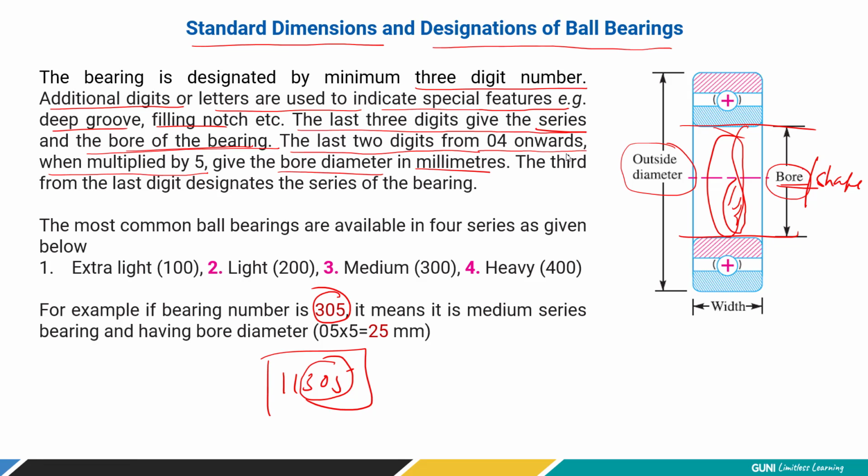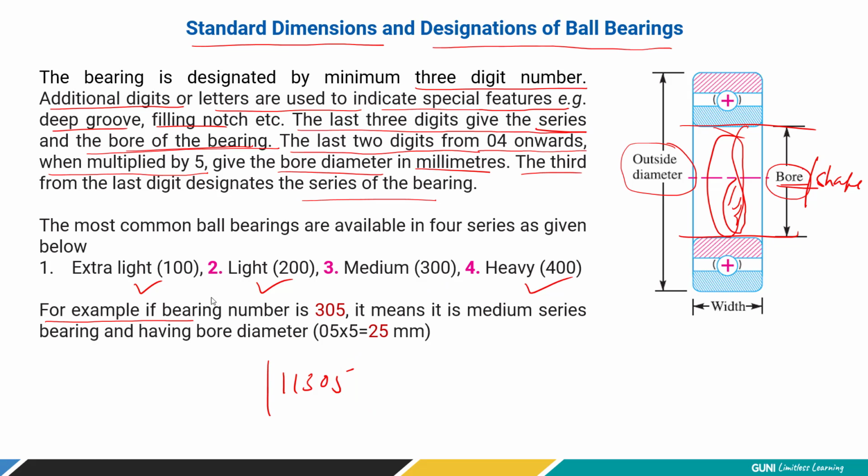Let's take a practical example. The third digit from the last designates the series of the bearing. Based on that, we have extra light, medium and heavy. Whenever you have a requirement of medium load, the bearing may have a series like this, 300. This 300 series indicates the medium bearings.